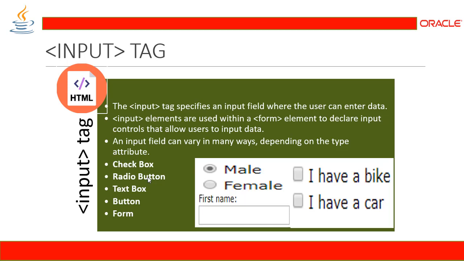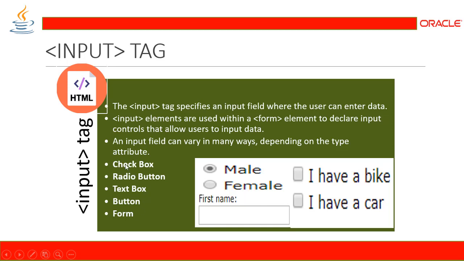To understand it in simple words, when you register yourself in Google or Yahoo or Rediff mail or any site, they will ask you your first name, last name, email address, preferred password, your gender, your choices, and many questions in different forms of input. These are called input types.